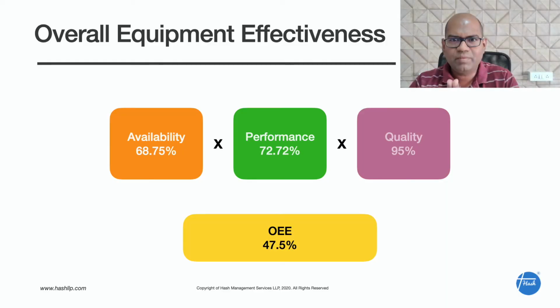When we multiply these three parameters, availability, performance and quality, we get the overall equipment effectiveness. In this case, we are multiplying 68.75% availability, 72.72% performance and 95% quality. So the resulting OEE is 47.5%.